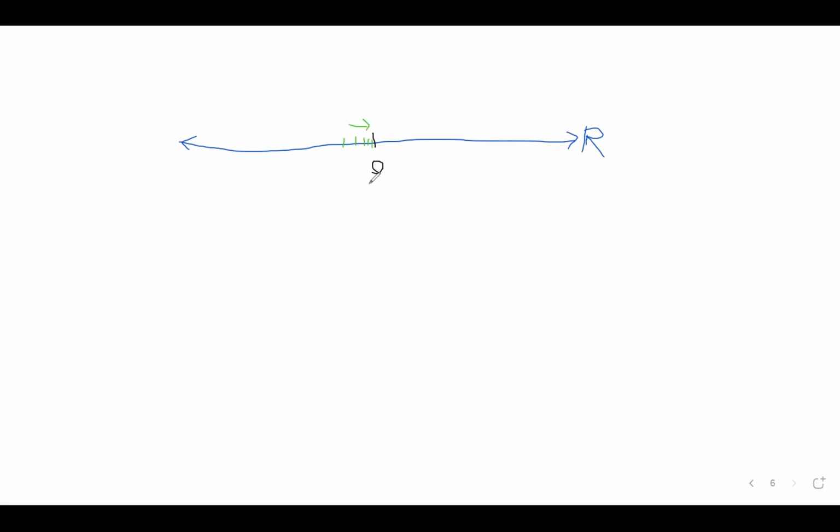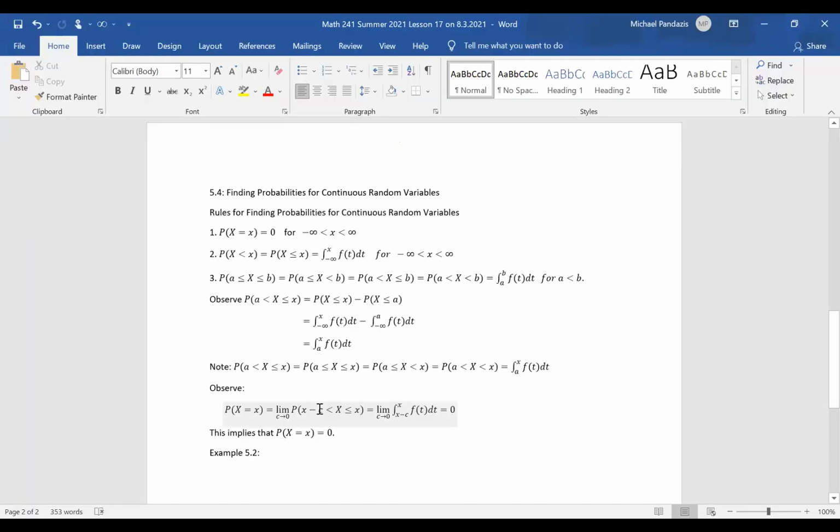They could be negative. So saying c approaches 0 does not mean that it has to approach it from the positive side. It could bounce back and forth. Eventually, c could be negative. Just because you're saying minus c doesn't mean the thing you're subtracting has to be positive.